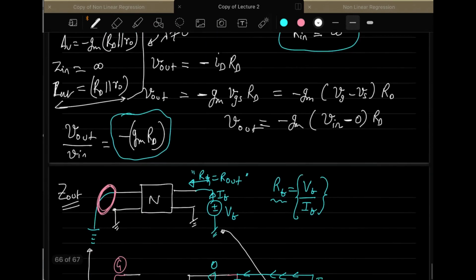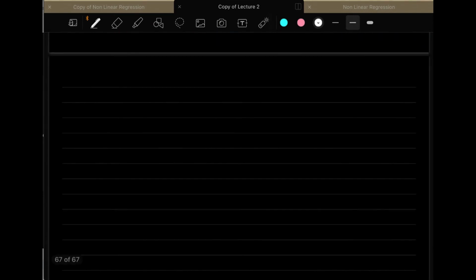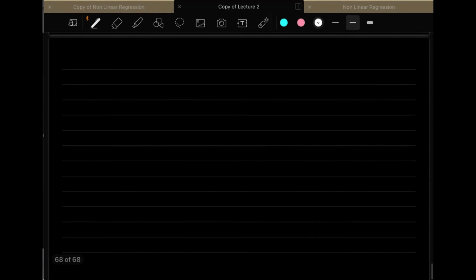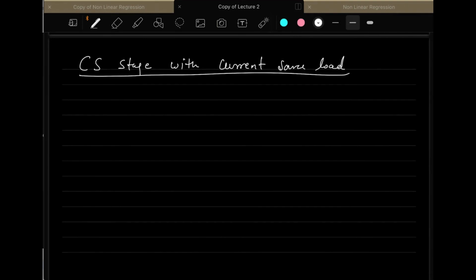Let us discuss the second configuration of common source, which we call common source stage with current source load. This is what we are calling it. So let us discuss what this is.